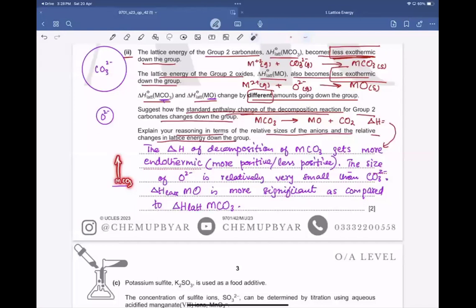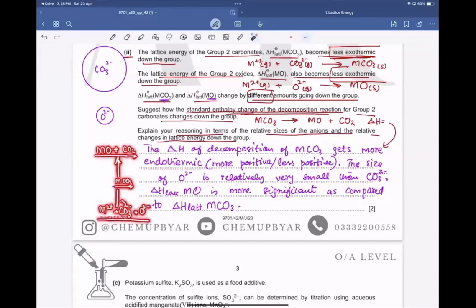On decomposing, it turns into metal oxide and carbon dioxide, right? And here I have metal ions, carbonate ions, and oxide ions.